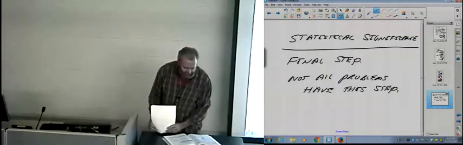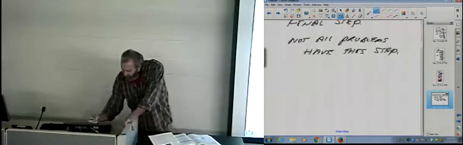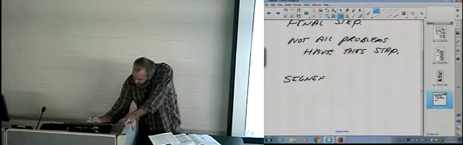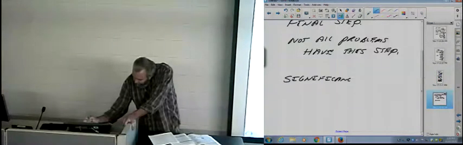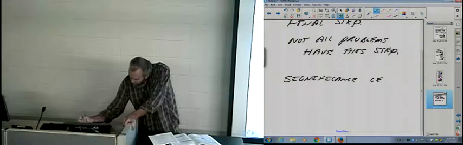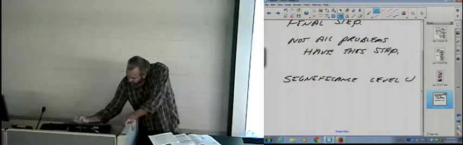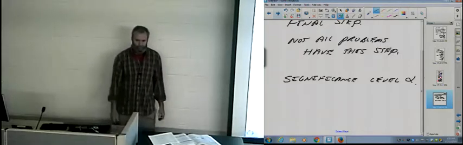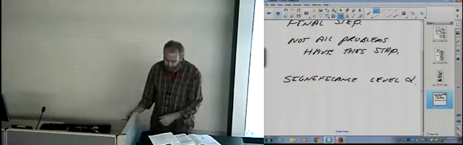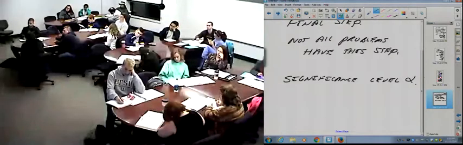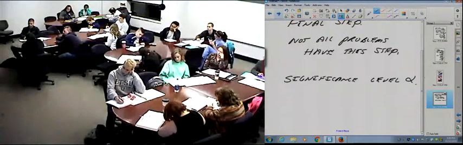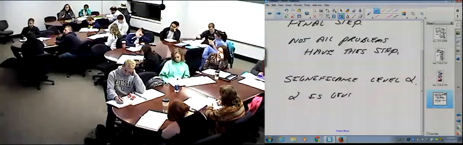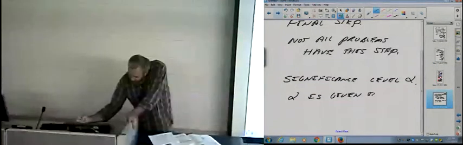I'm on page 399, and what we're going to do is have what's called a significance level. That significance level is always denoted by alpha, the Greek letter alpha. Alpha is given in the problem.